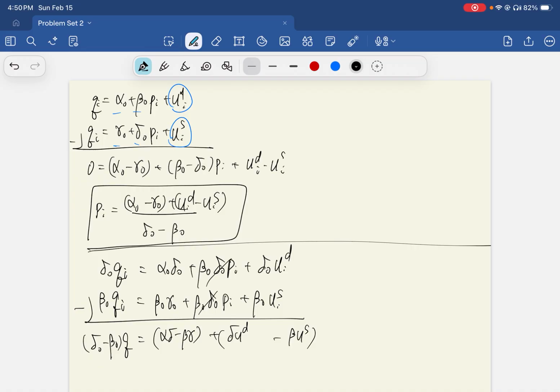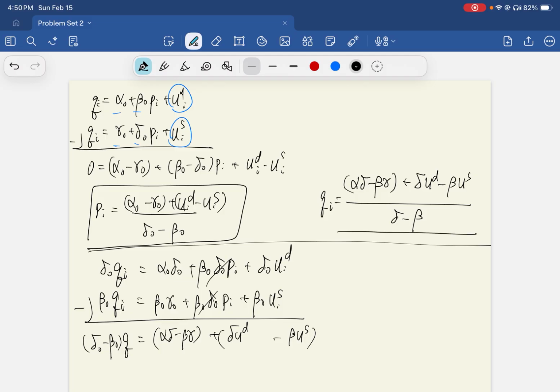Okay, so as a result, Q equals alpha delta minus beta gamma plus delta U_D minus beta U_S, divided by delta minus beta, right? So this is the quantity.